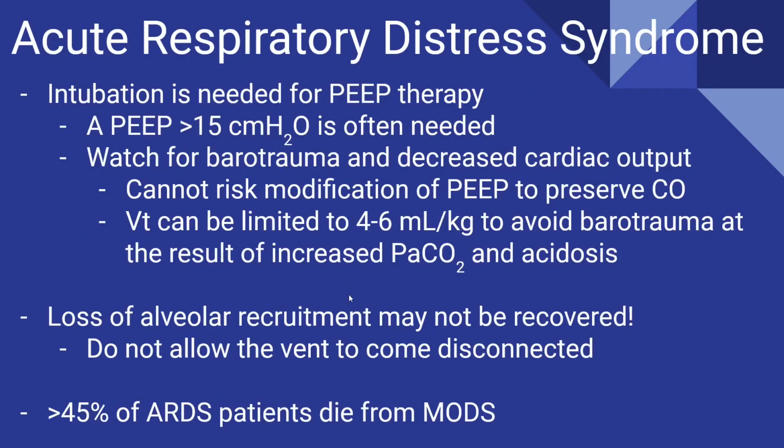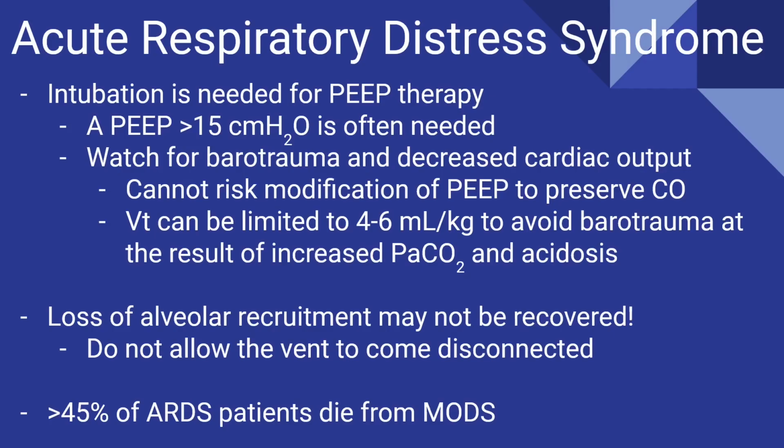So in order to treat and try to resolve this acute respiratory distress syndrome, we're going to need to apply a lot of PEEP, or positive end expiratory pressure, to try to resolve that loss of alveolar space and regain that alveolar space. So we'll probably need to intubate, because we can't really obtain a high PEEP without a way to control it.